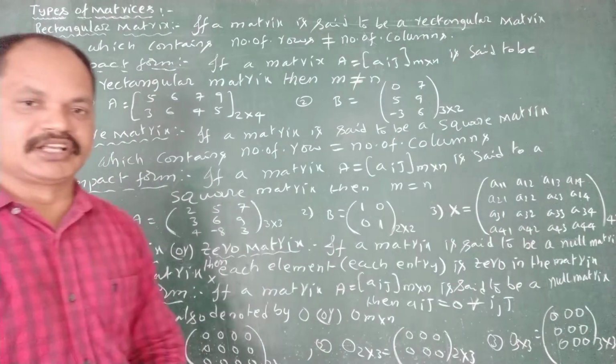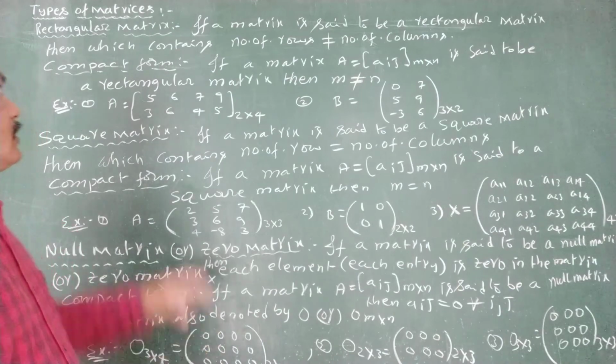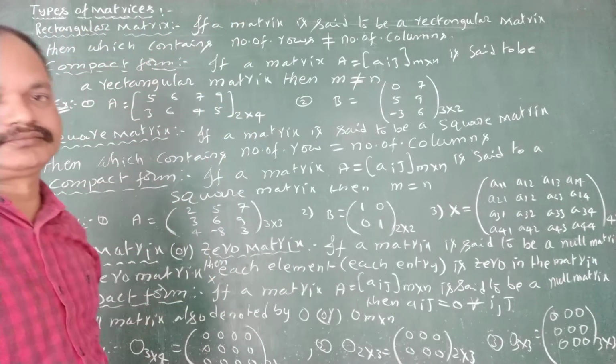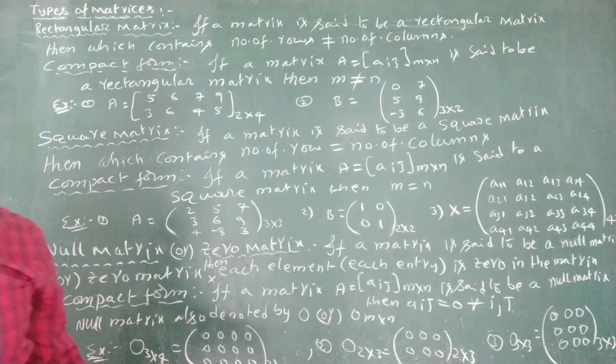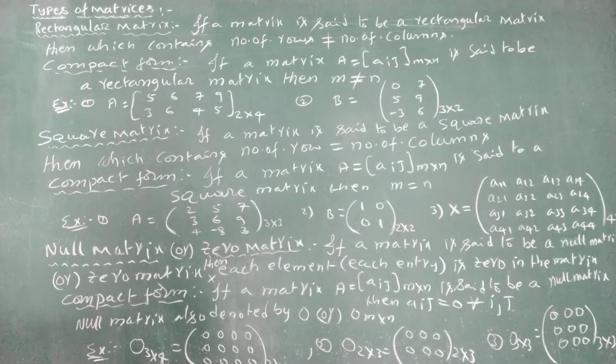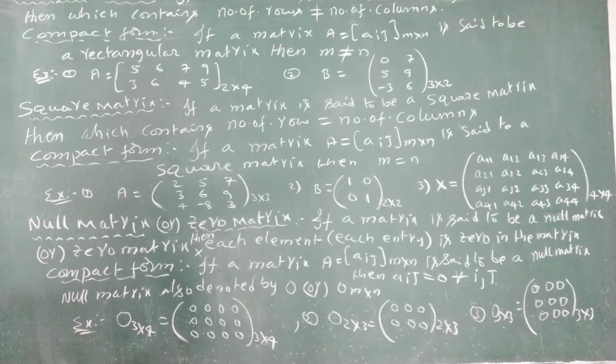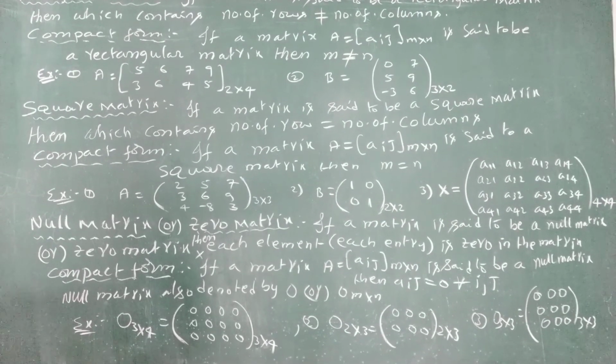These are the remaining types of matrices. Rectangular matrix: the number of rows is not equal to the number of columns.